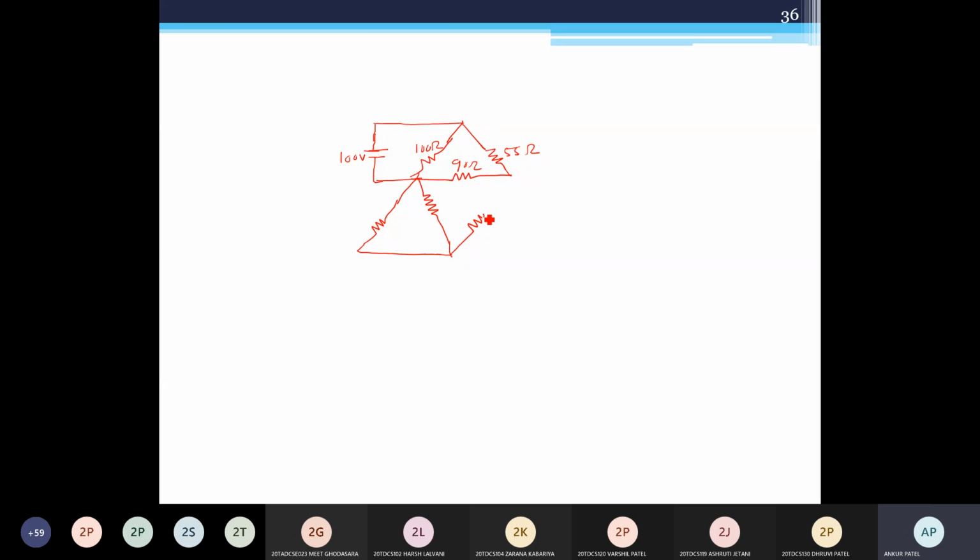We are now going through only series parallel connections. Afterwards you will be having star delta connections. Star delta is used for complicated network solutions.